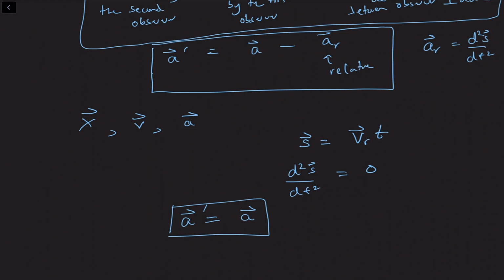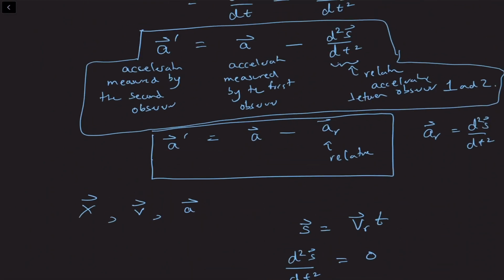What that means is the acceleration as measured by the second observer is exactly the same as the acceleration as measured by the first observer. So this is the special case of uniform relative motion between the two observers. When we say uniform, we mean motion with constant velocity.